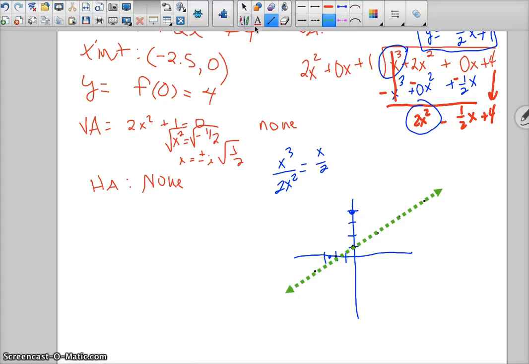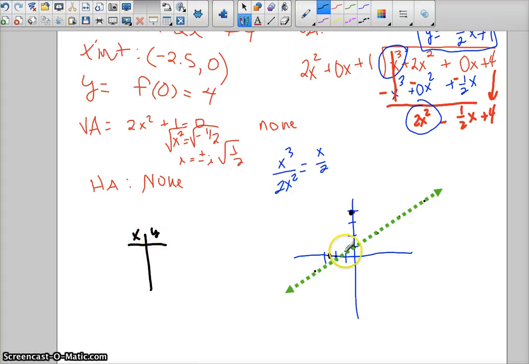All right, so we have an x-intercept, a y-intercept, and then that's basically it. So this might seem difficult to draw. So what could you do to help you get a few more points? Of course, you could use a table of values. So I'm going to use a table of values.